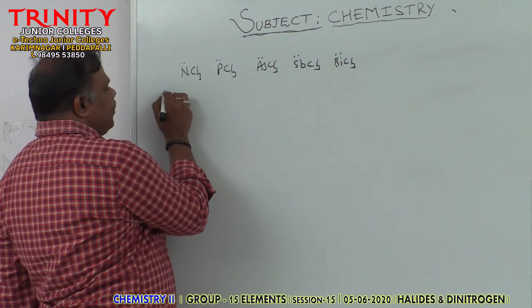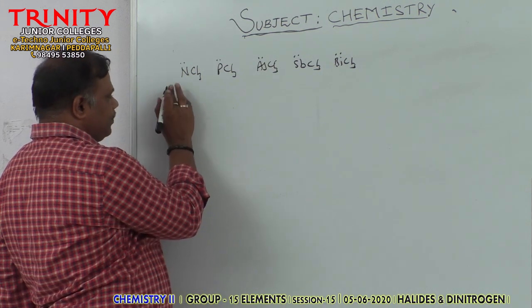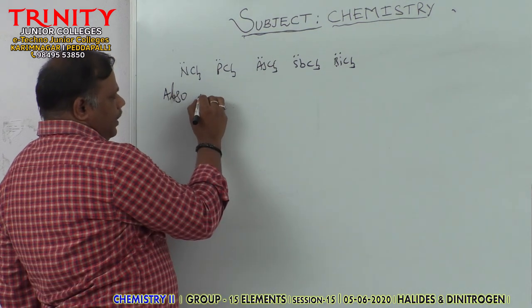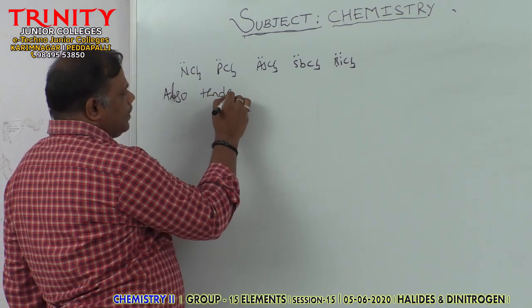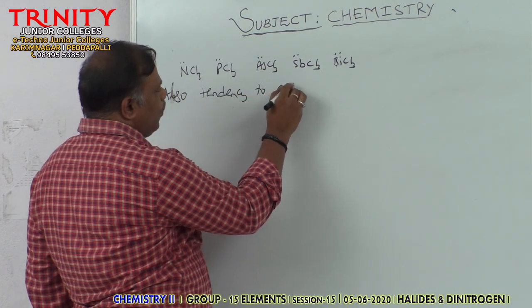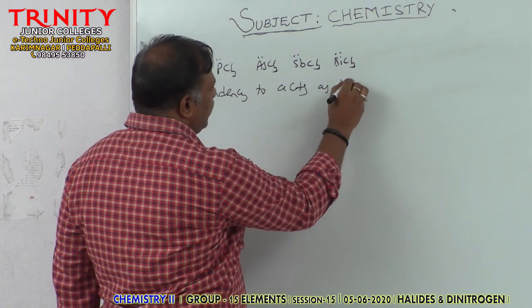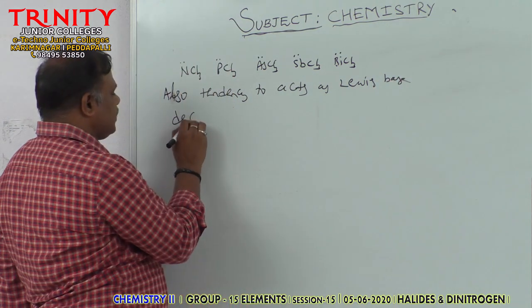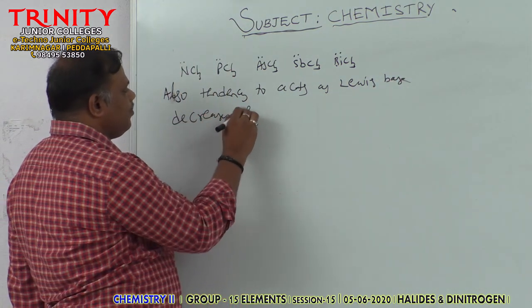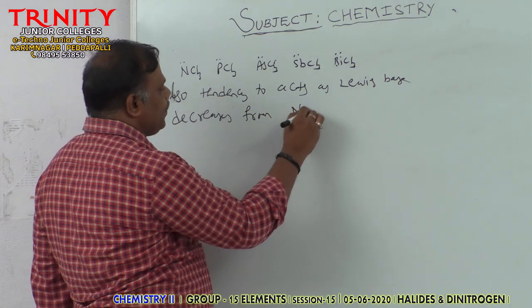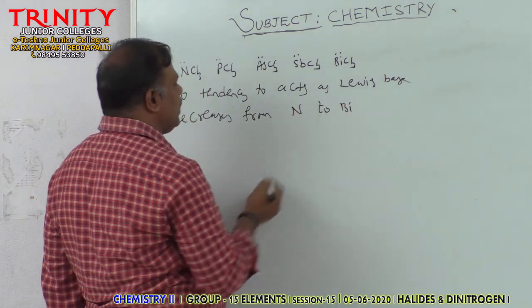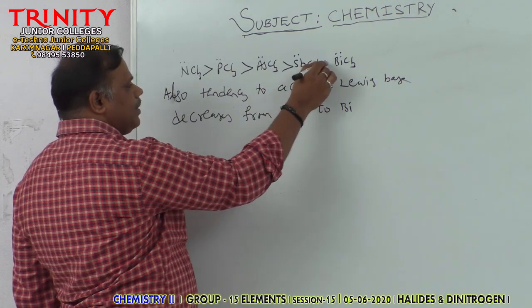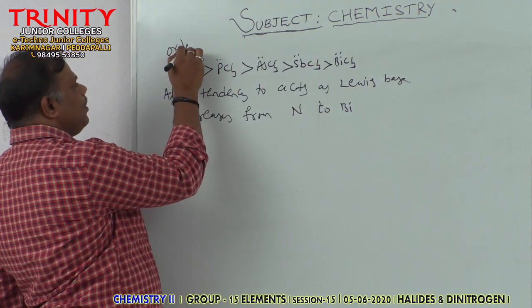So the conclusion is that the tendency to act as a Lewis base decreases from nitrogen to bismuth; NCl3 is more basic.